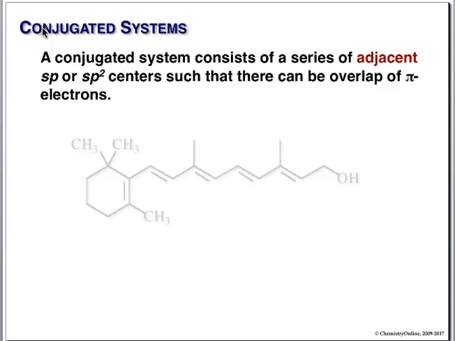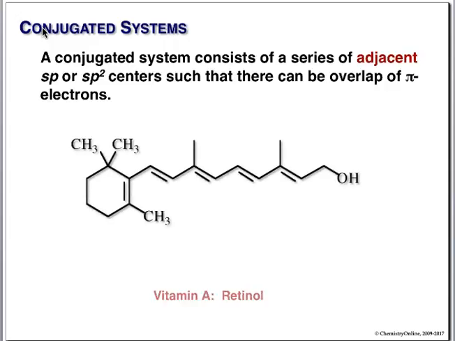Well, we're going to talk about double bonds and overlapping pi systems and things like that. This is retinol, vitamin A. Retinol has a long, continuous, conjugated pi system.